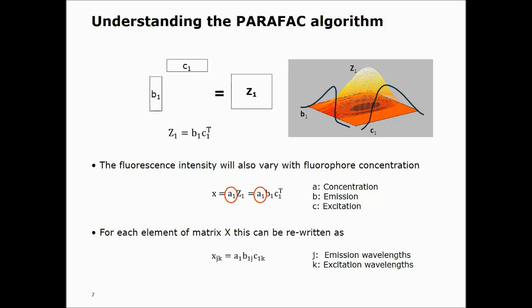And of course, the concentration doesn't vary with emission and excitation wavelength, at least we assume that. But the emission and excitation loadings at every single wavelength will differ for every fluorophore. So this is basically what's behind PARAFAC.